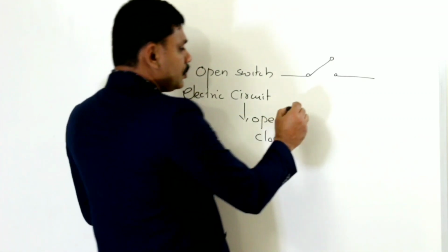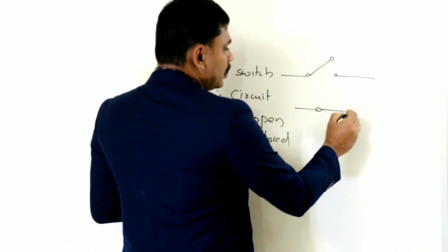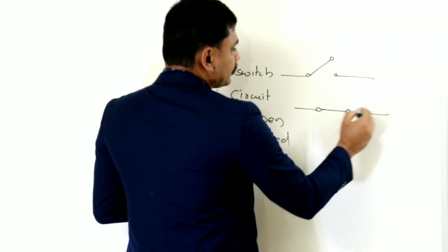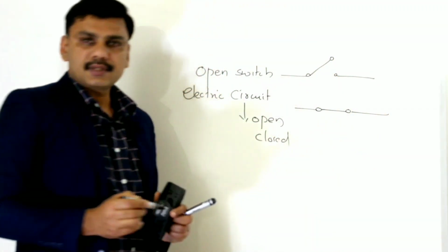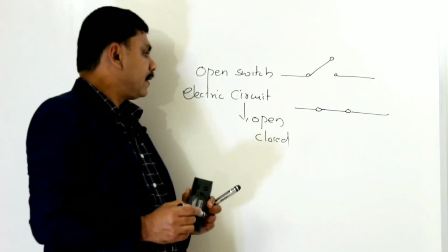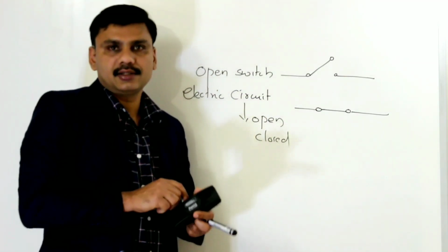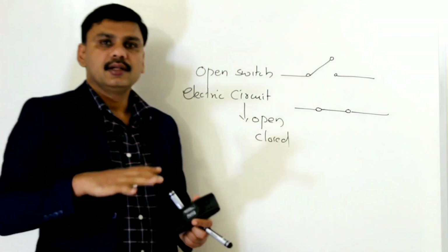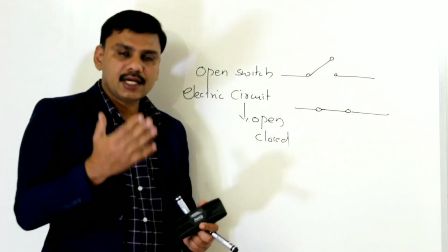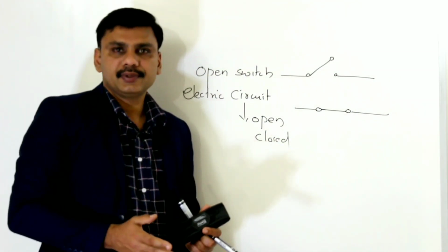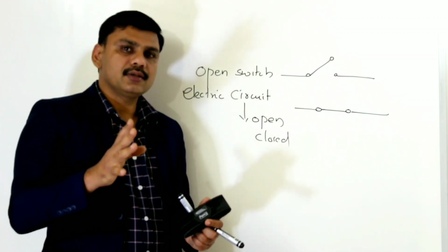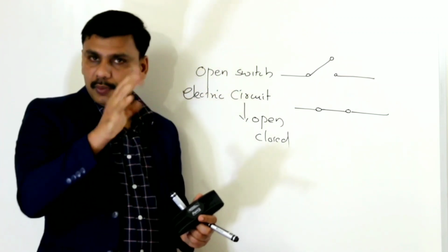So for a closed switch, the representation is like this. So electric circuit means what? It is the path along which the electricity is flowing. You can make that path open or closed. How will you make it?